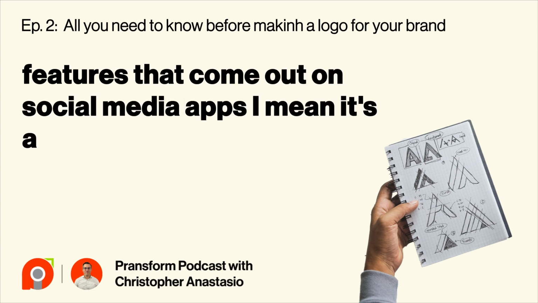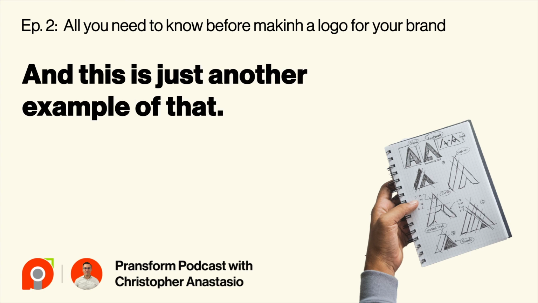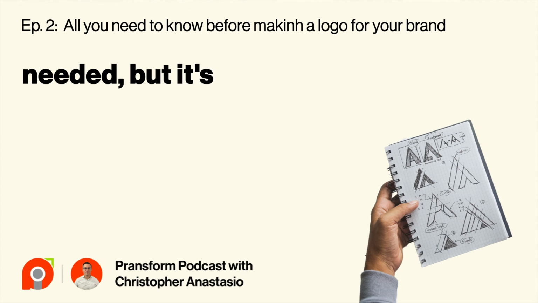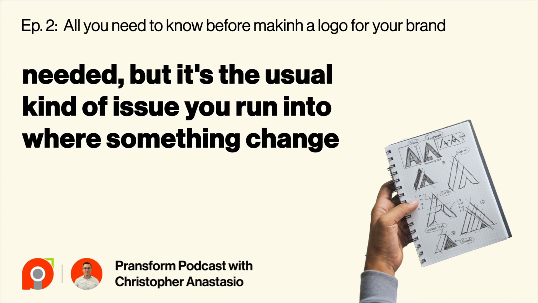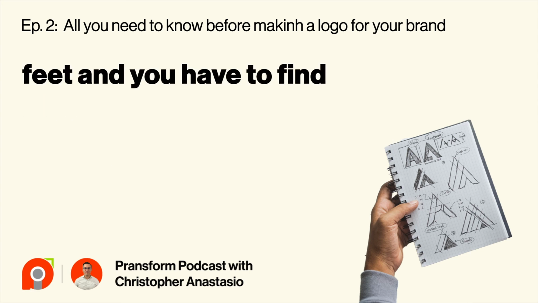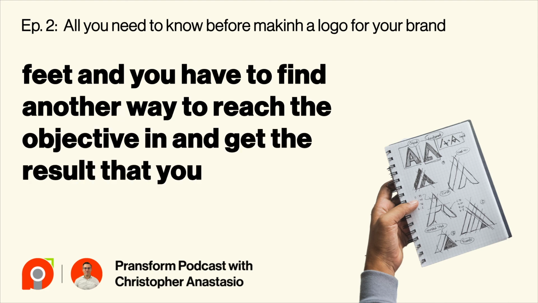It's a constant game of staying ahead of this stuff. And this is just another example of that. Now, this is one less problem that marketers needed, but it's the usual issue you run into where something changes, the ground shifts under your feet, and you have to find another way to reach the objective and get the result that you want.